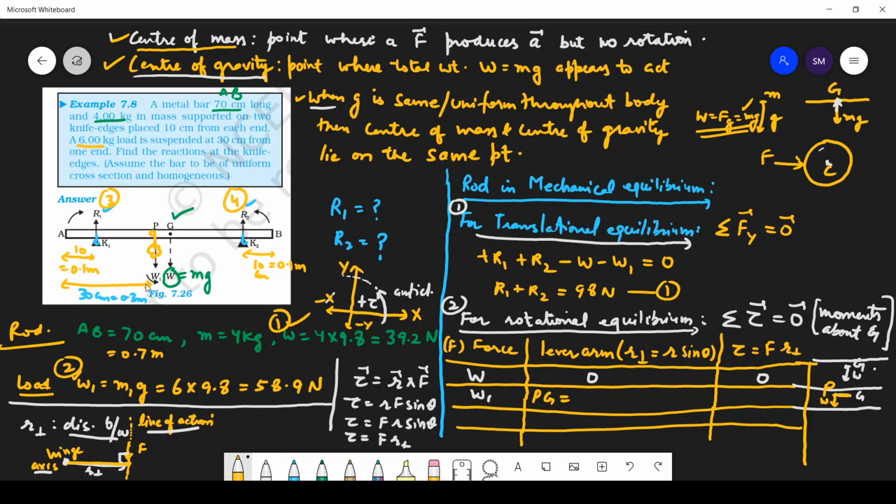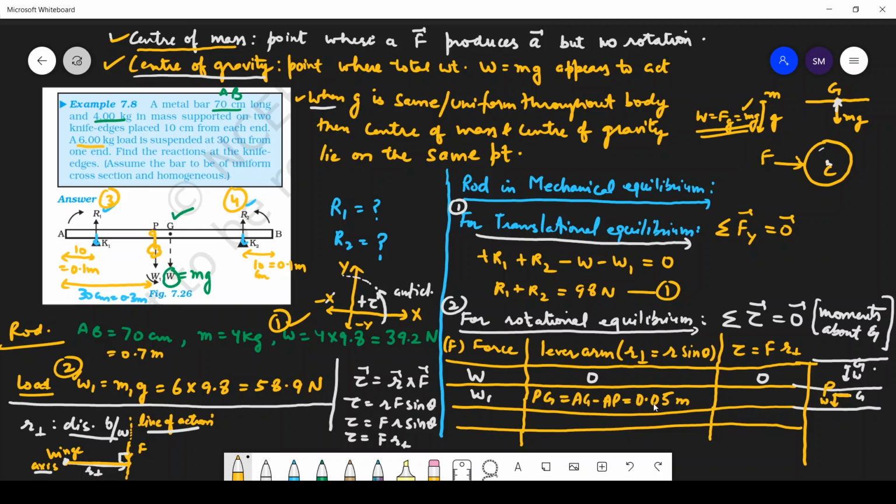See, this is 30 and this is 35. AG is 35. So AG minus AP, right? And that comes out to be 35 minus 30, that is 5 centimeter. Okay, and you can write the 5 centimeter as 0.05 meters. Okay, so what is your torque here?